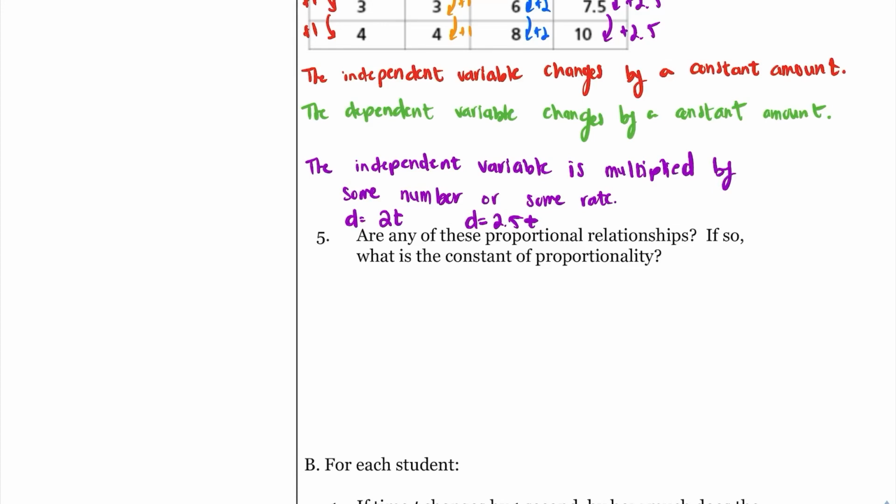So we really need to go back to the definition of a proportion. Remember that a proportion is just a set of equal or equivalent fractions.